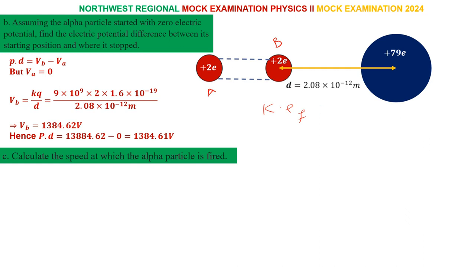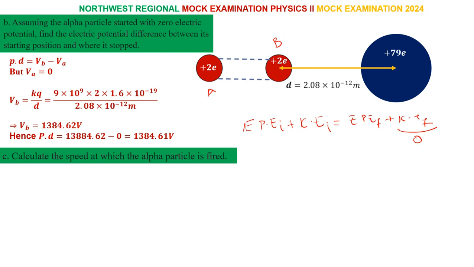And at that stage, it gained electric potential energy. And so to conserve energy, the electric potential energy initial plus the kinetic energy initial should be equal to the electric potential energy final plus the kinetic energy final. But the final kinetic energy is 0 since the alpha particle was brought to rest.